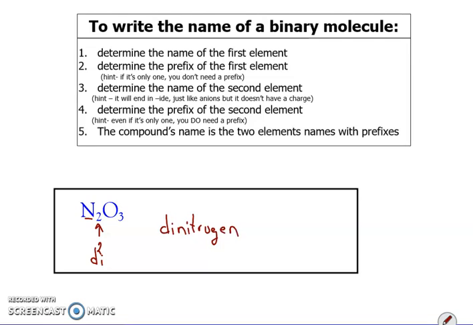And the first element's name never has a suffix. The second element here is oxide, and there are 3 of them, and the prefix for 3 is tri. So it's dinitrogen trioxide. Okay?